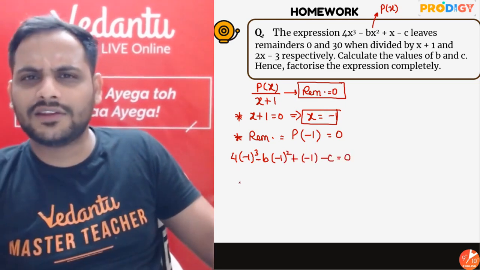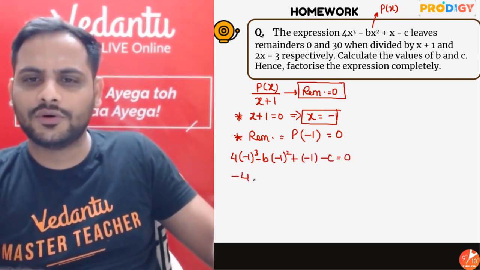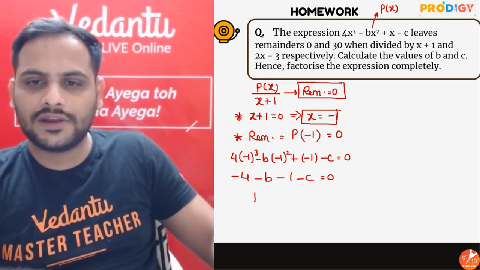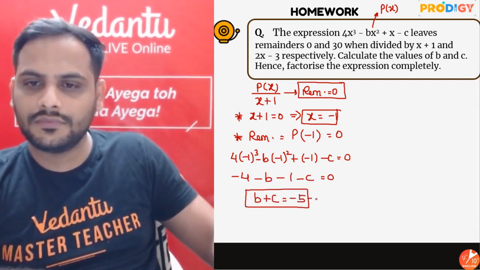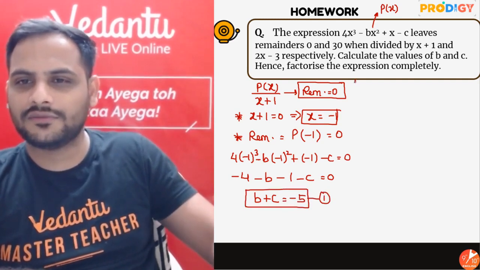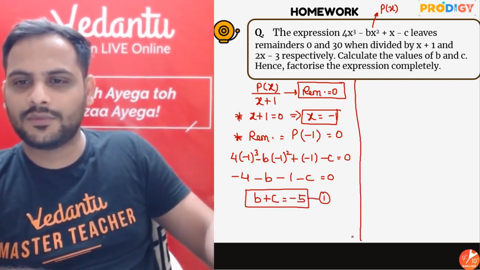Minus 1 cube is minus 1 only, so minus 4, minus 1 square is 1, which is minus b, minus 1 minus c equal to 0. So you will get b plus c is equal to minus 5. This is my equation 1.